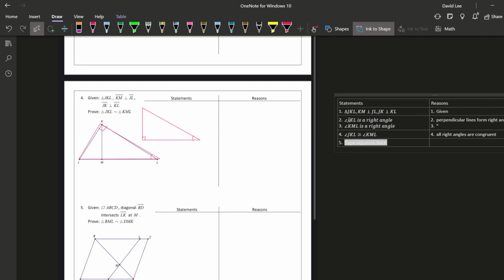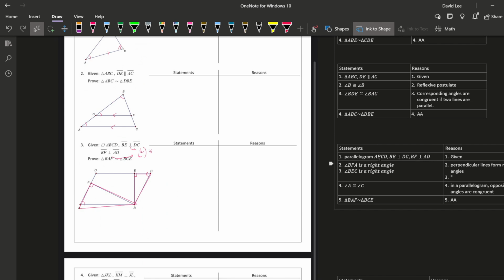And then I can say angle L is congruent to itself. It's congruent to angle L because reflexive postulate. And then we can say the proof, which is triangle JKL is similar to triangle KML. And that's angle. That's it.